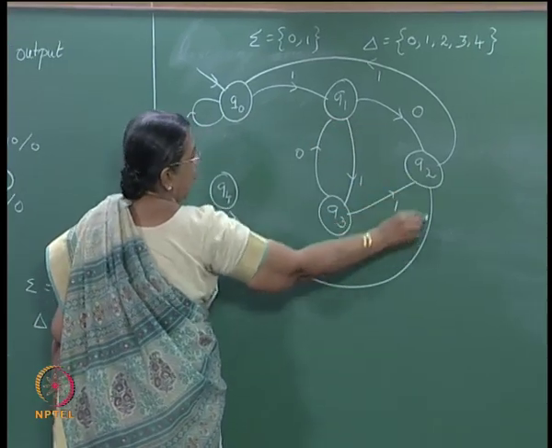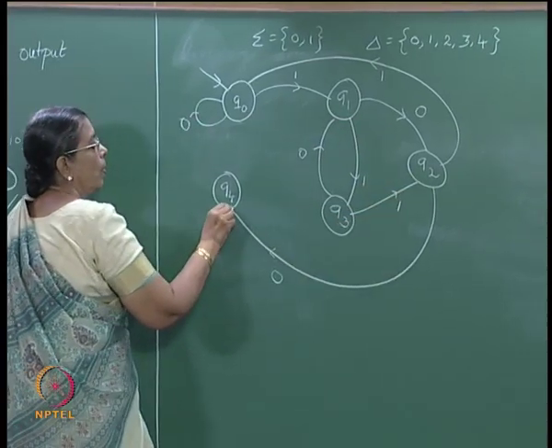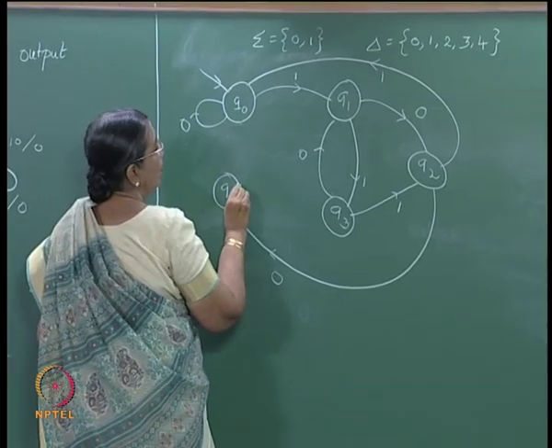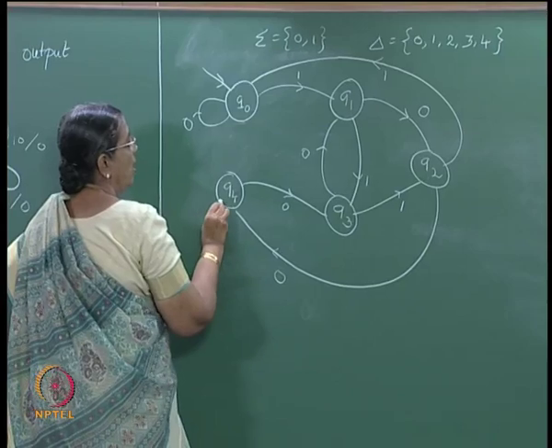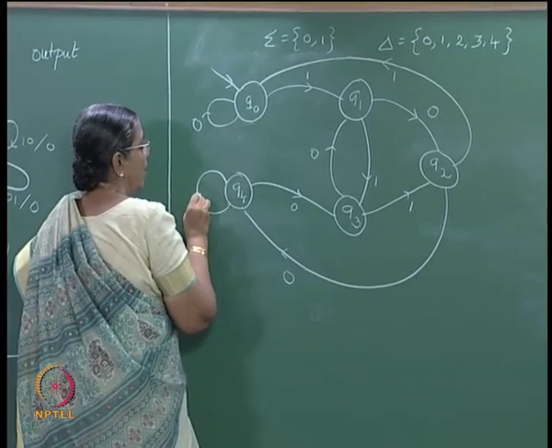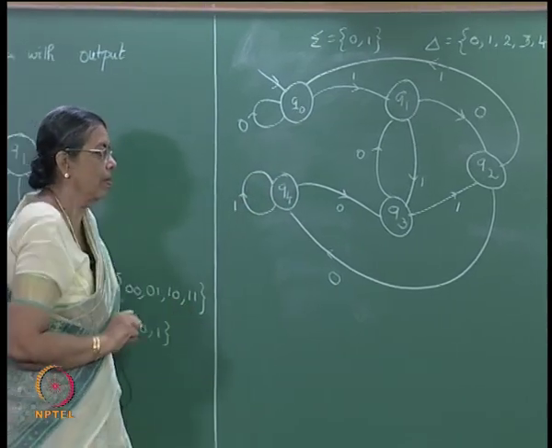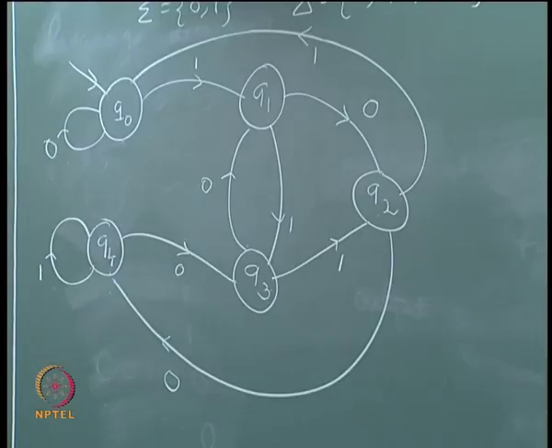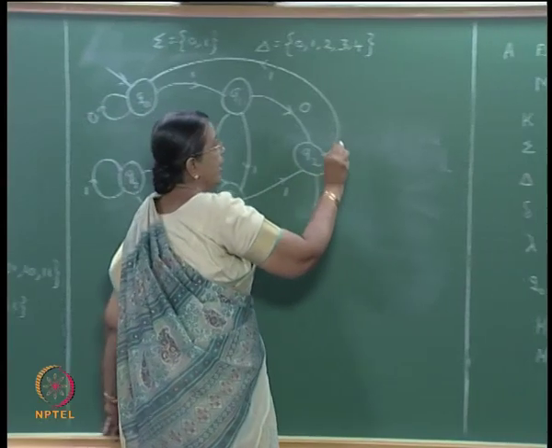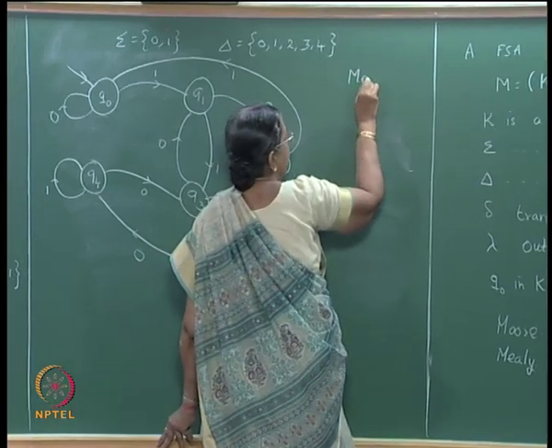If you get a 0 you go here, if you get a 1 you remain in the same state. Now, I have drawn only the transition function, the outputs I have not drawn. The output depends on the state. So, this is a Moore machine.